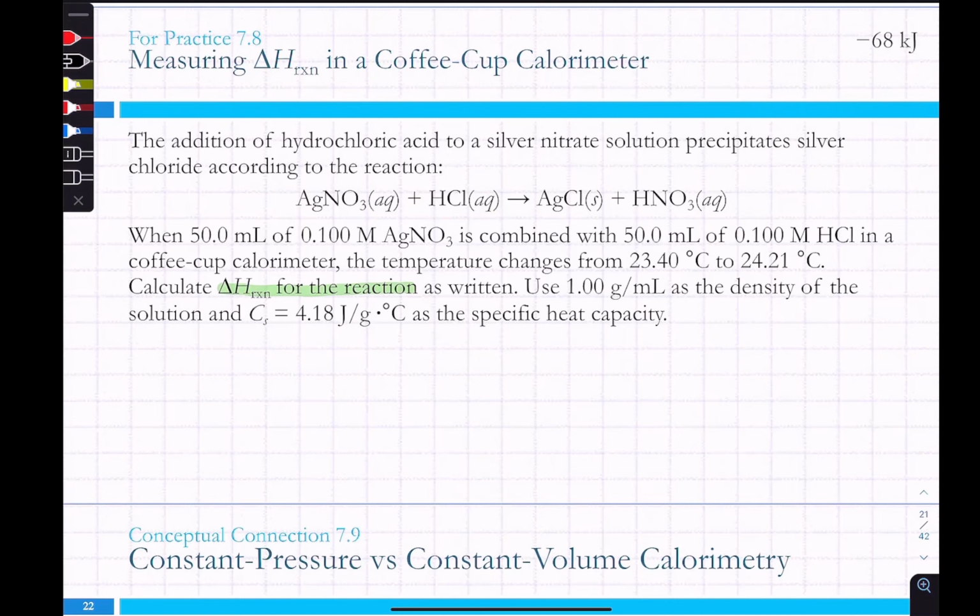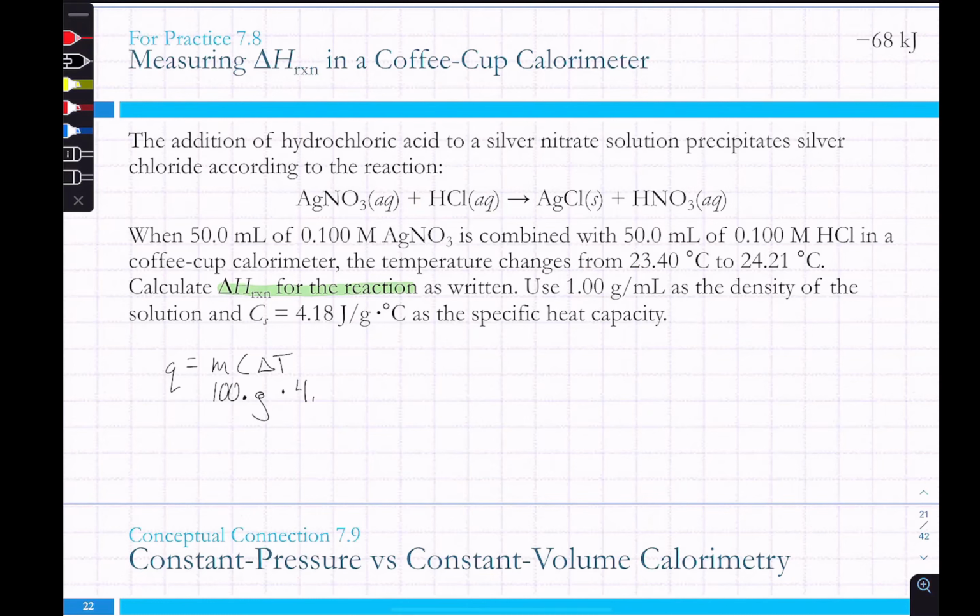So that is going to be just Q equals MC delta T. And if the density is 1 gram per milliliter, what's the mass of our solution going to be? Yeah, 100 grams. There's 100 decimal grams.